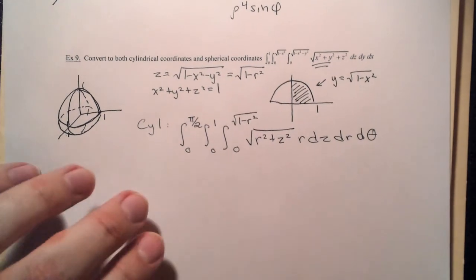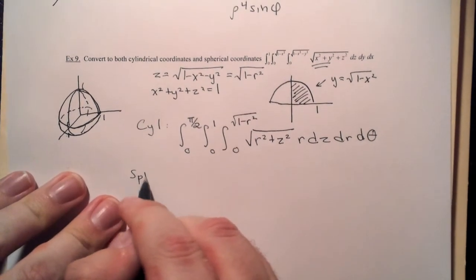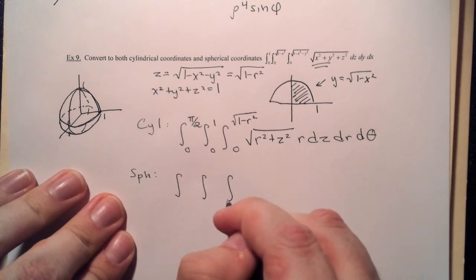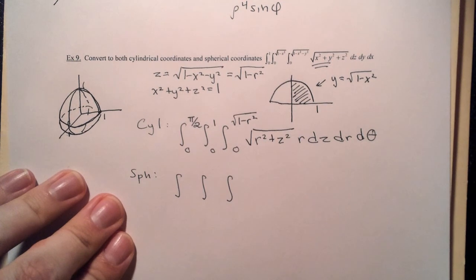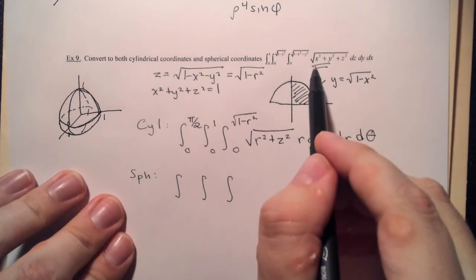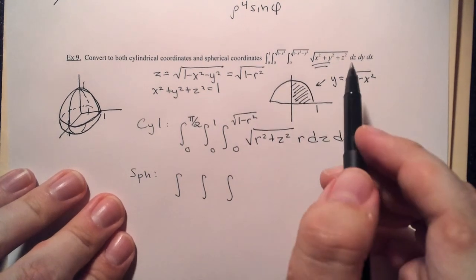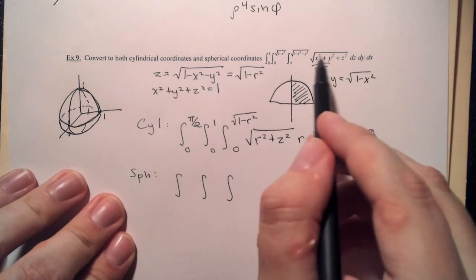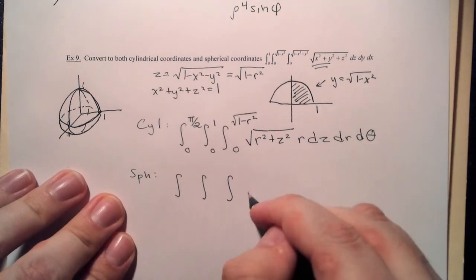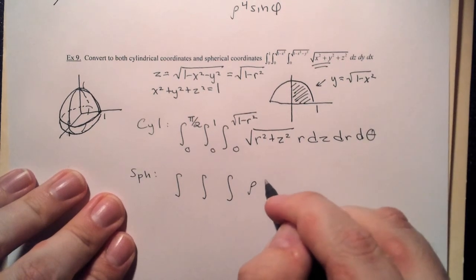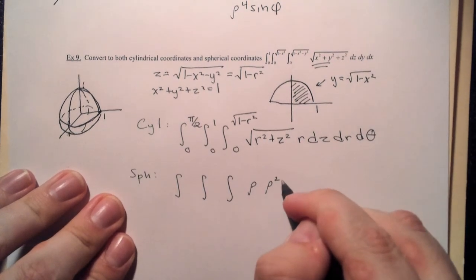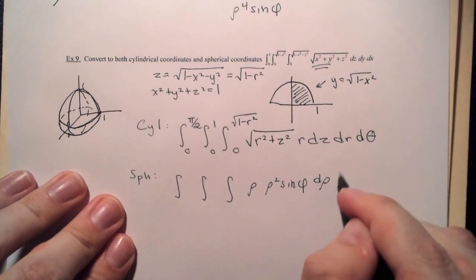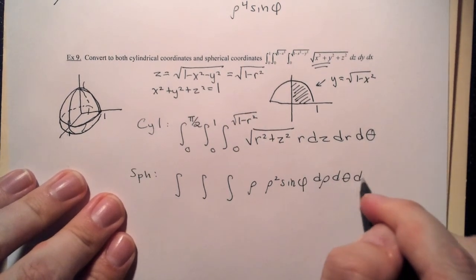What would this same integral look like in spherical coordinates? So, x squared plus y squared plus z squared, all of that is rho squared. Square rooting rho squared would of course give me rho, and then I have that additional conversion factor, rho squared sine phi, d rho, d theta, d phi.